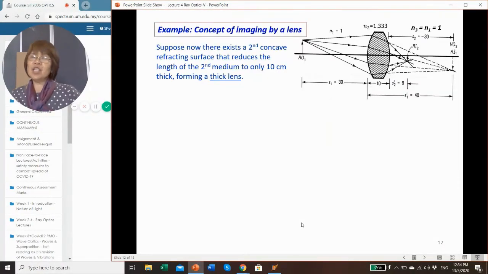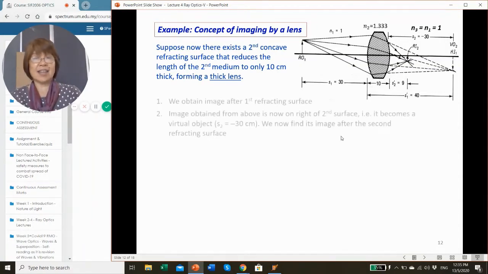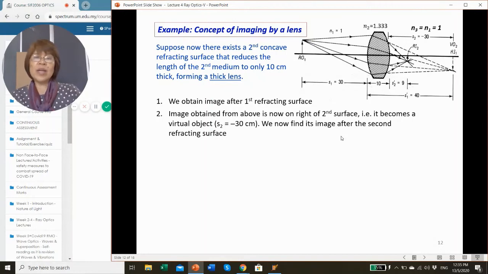Now if we introduce a second refracting surface, that makes a simple lens. You only need 2 refracting surfaces. Let's say that the second refracting surface is 10 cm away, so the thickness of this lens is 10 cm. We already found where the image of the first refracting surface is.